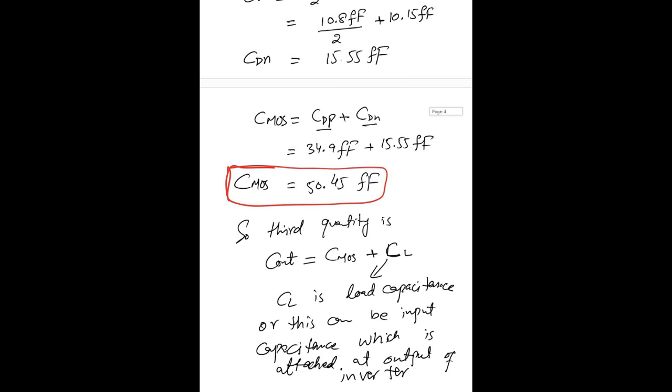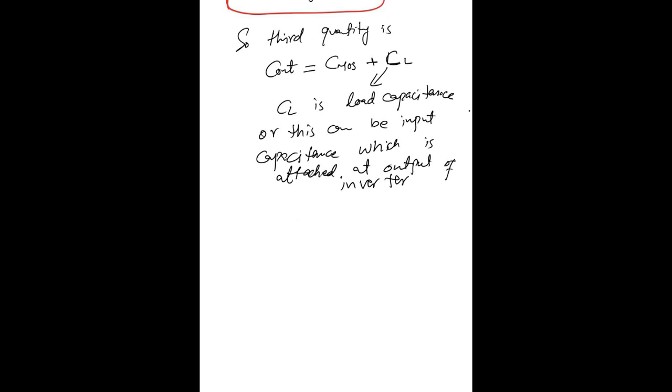So this CL could be the input capacitance of a load that is connected to the output of our inverter. So we can say that this C out will be equal to 50.45 femtofarad plus CL. So this is our total output for our design. This is our output capacitance.